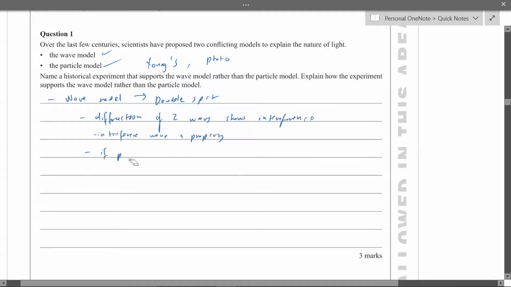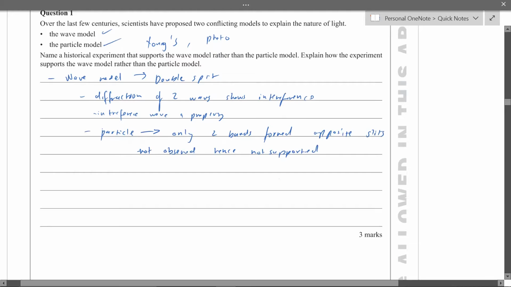The particle model would hypothesize that only 2 bands formed opposite to the placement where the slits were, not observed, hence not supported. What I actually wrote was, the particle model suggests that only 2 slits of light should be seen at the locations in front of the slits. As this was not seen in the experiment, the particle model was not supported by this experiment.